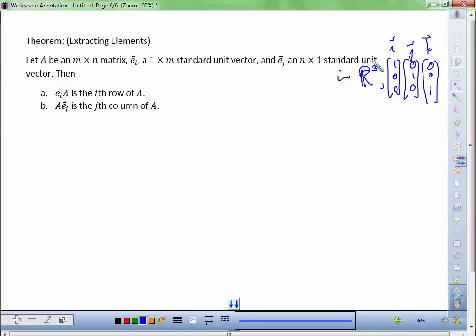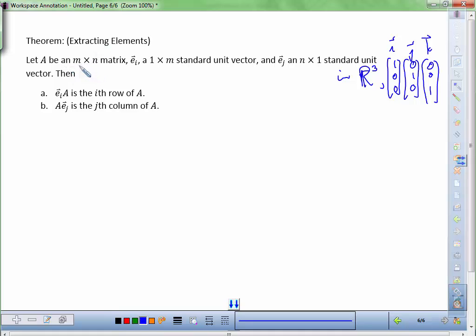So there's ways to extract these elements. For example, if you want just the ith row of A, then you multiply this matrix by a row vector, and you're going to get the ith row. So let's come up with a 4 by 4 matrix, or it doesn't have to be a 4 by 4.